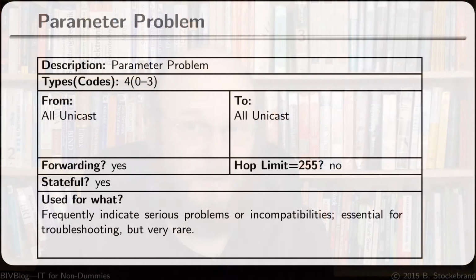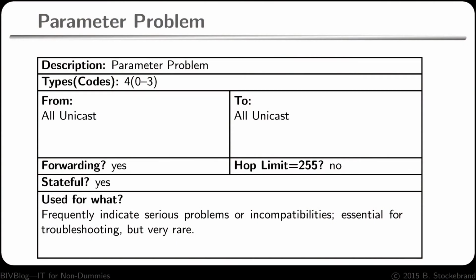Then there's the general protection fault of IPv6, the parameter problem. It's used for all sorts of funny stuff, and it needs to be forwarded. It should be stateful, but if you see these, there's some serious problem. They're essential for troubleshooting.